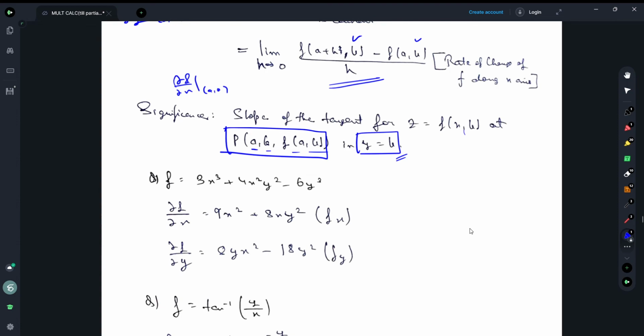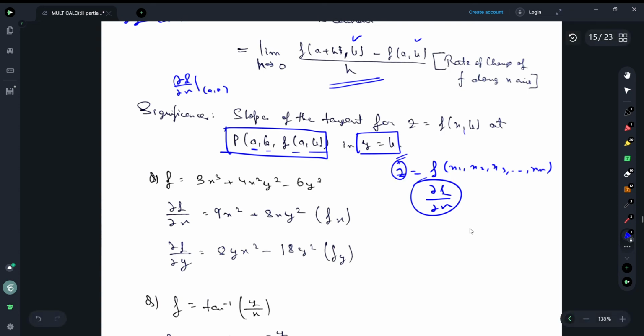See, if you are given a function z equals f of (x1, x2, x3, ..., xn), we can find del f over del x1 by differentiating z simply with respect to x1, because you have n independent variables here. As we used to find derivatives in case of a single variable function, we will do the same process here. Find the derivative of this function with respect to x1, treating every other independent variable as a constant, nothing else.